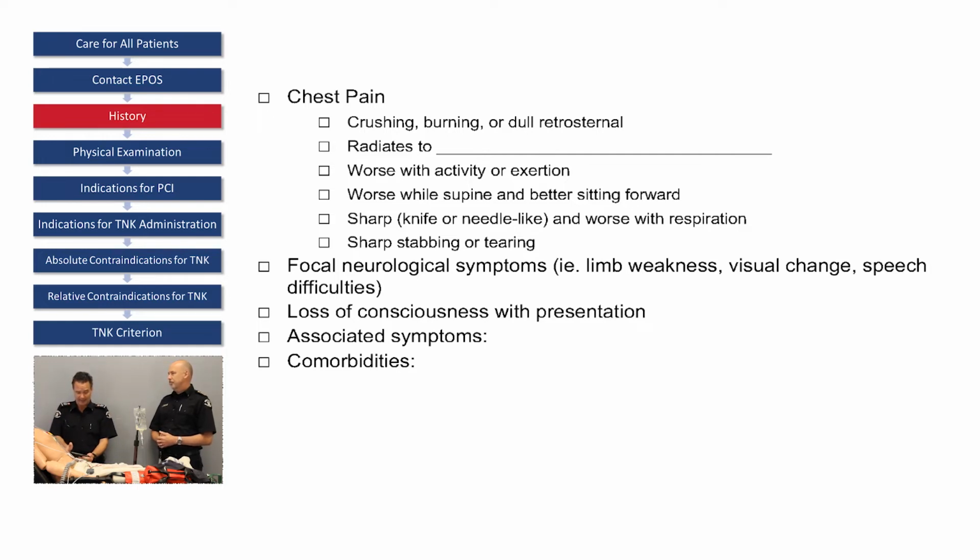This patient is having crushing retrosternal chest pain that is radiating into his left arm. It's not worse with any activity or exertion. It's not worse while he's laying supine, or it doesn't get better when he's sitting forward. It's not sharp-like, and it doesn't get worse with inspiration. It doesn't feel like a sharp stabbing or tearing pain.